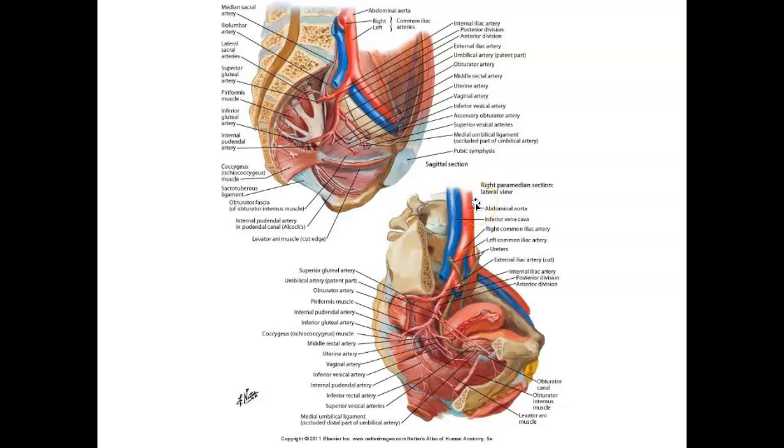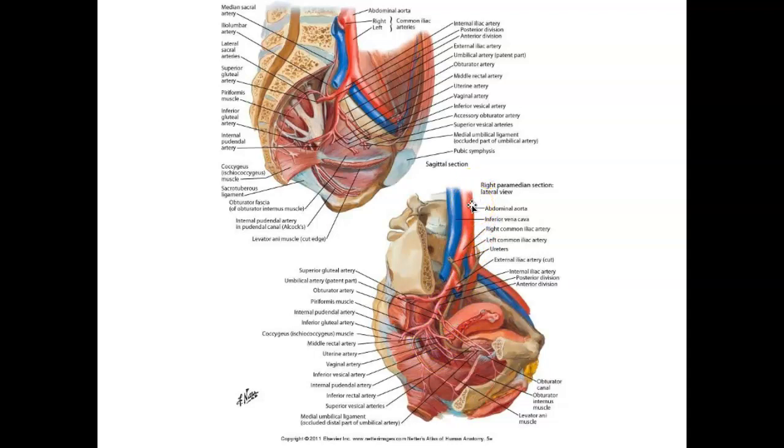From the anterior division of the internal iliac here, you can see the middle rectal going back to the rectum. And then the inferior rectal was a branch off the internal pudendal. So the inferior rectal off the internal pudendal, the middle from the internal iliac here, and the superior rectal from the inferior mesenteric artery.